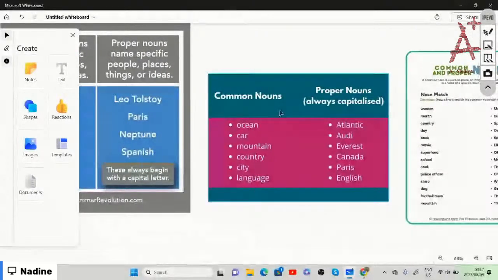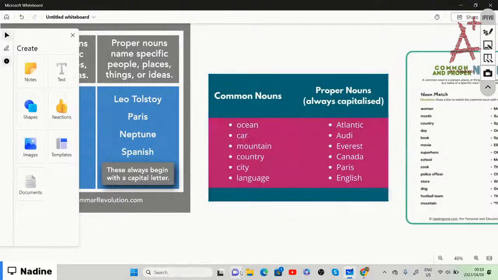And here we just have examples again. Instead of saying the ocean, you can say Atlantic Ocean, which is the proper noun. Instead of saying the common noun car, we can make mention of a proper noun, be specific and say an Audi, or a Mercedes Benz, or Tesla, for example.